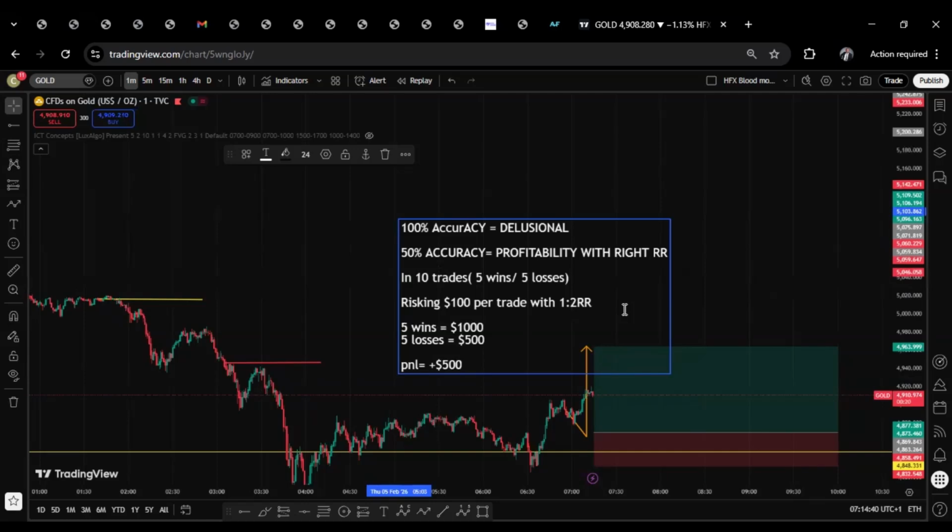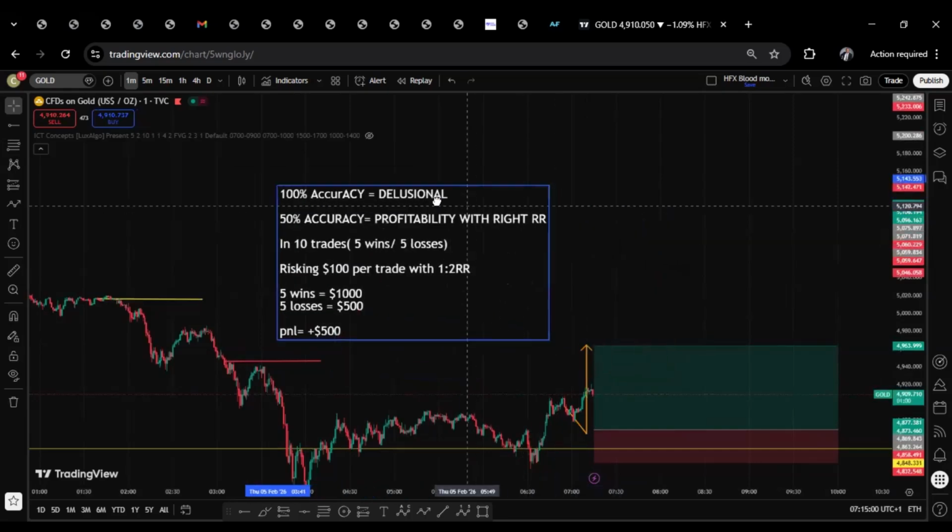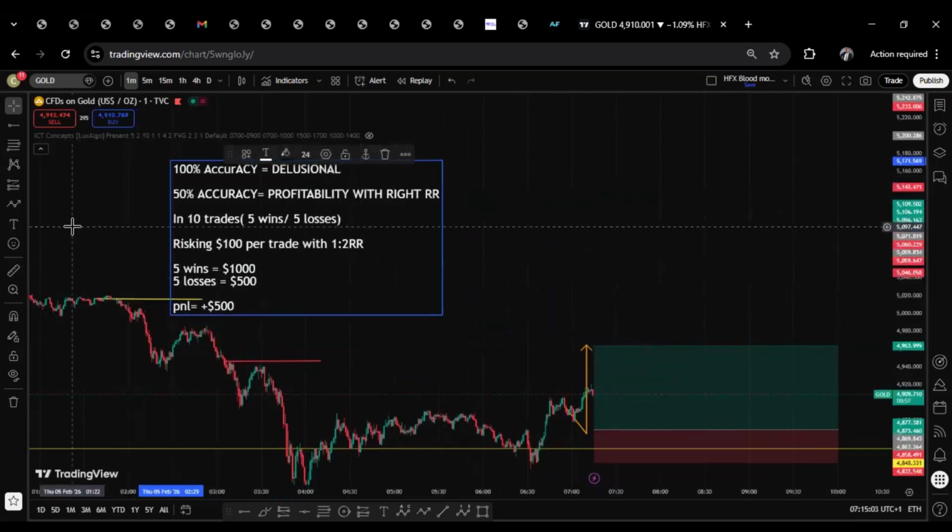So if you're the kind of trader that risks 1:3, the result here will be so different, right? In fact, we can do a clear breakdown of 1:3 RR so you can see where you're gonna be. So let's do that.